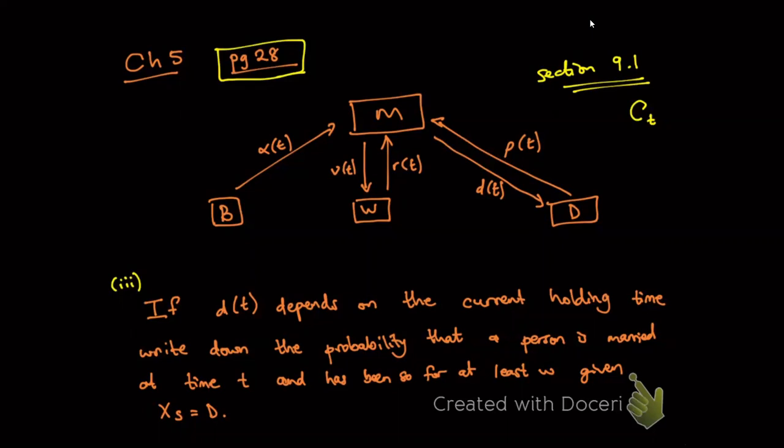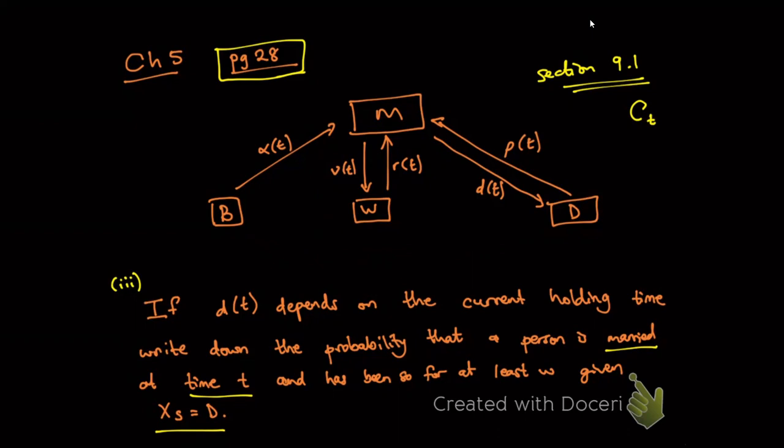Let me just see, because we're interested in the probability that a person is married at time t if we know that they were divorced at time s. Okay, so the full diagram has arrows from all these states going to the dead state. But we're not interested in that right now, so we're just going to ignore that.